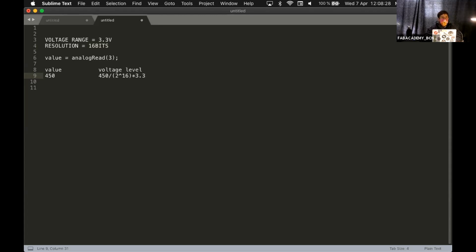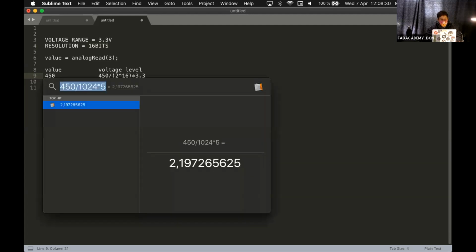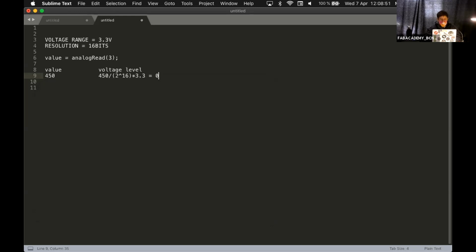So that gives us 150 divided by 65535 times 3.3. Very little, so 0.02, which makes sense, right?